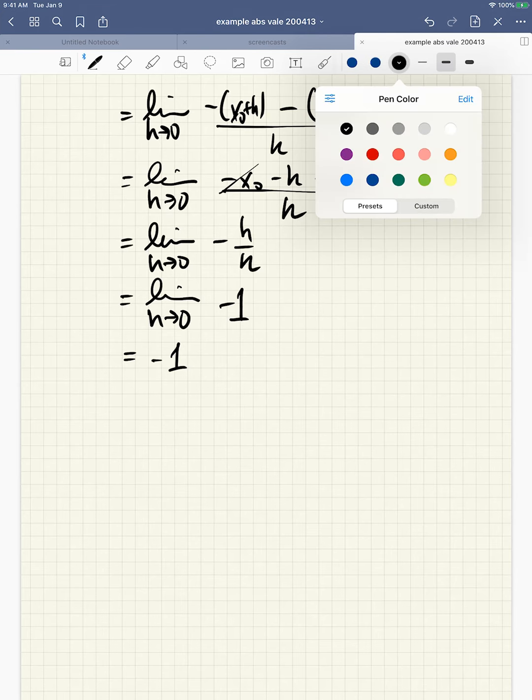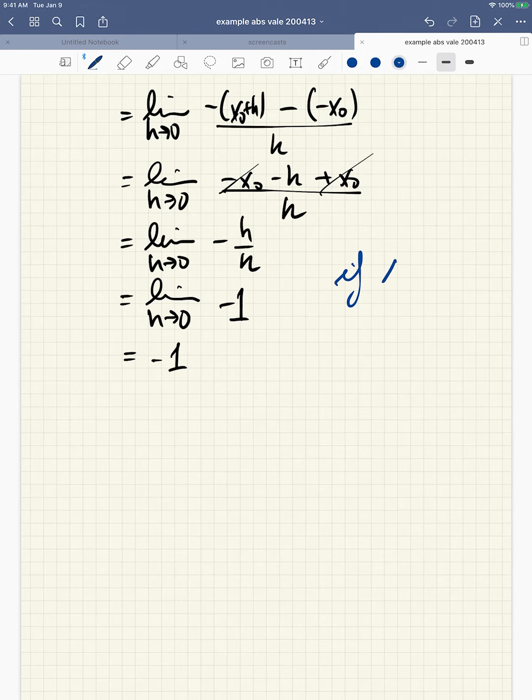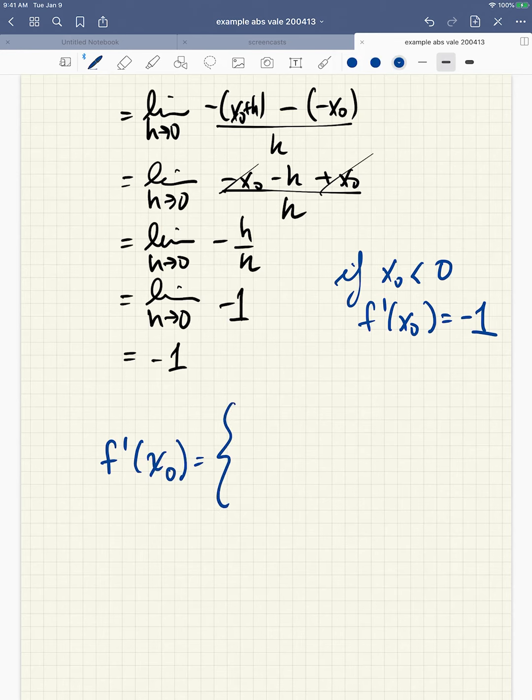So this has shown that if x naught is less than 0, the derivative of the absolute value function is minus 1. Okay? So that's shown the following. Okay, that's the derivative information for the absolute value function.